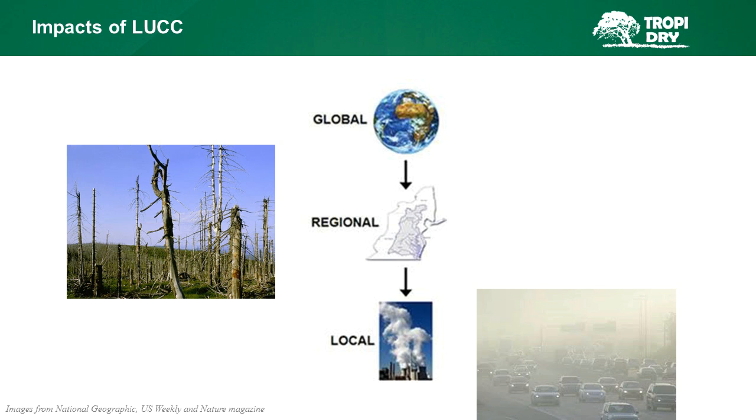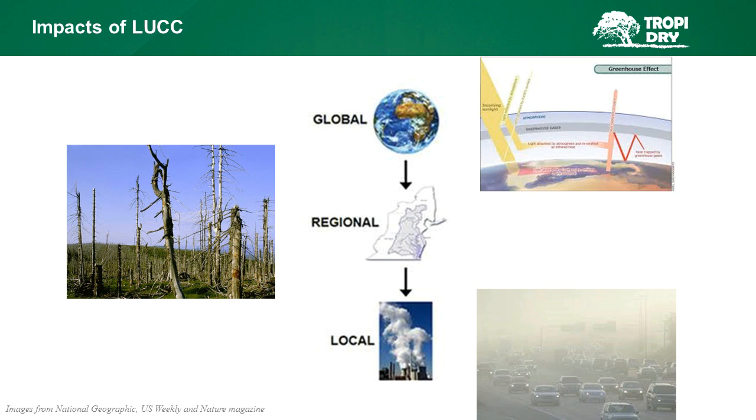As we increase our scale to global systems, things such as climate can be impacted. If we deforest large areas globally, there is a decreased carbon sequestration potential because of reduced vegetation. This can also have impacts on the ocean carbon content and the feedbacks between the atmosphere and hydrosphere and pedosphere.